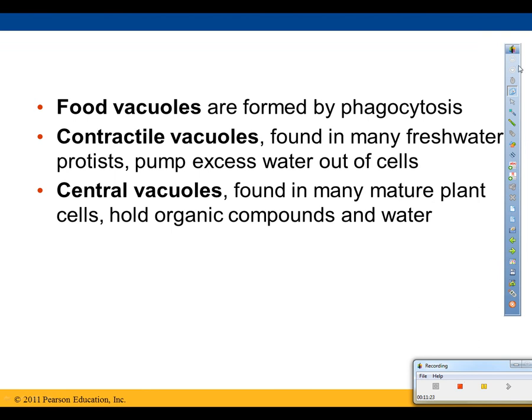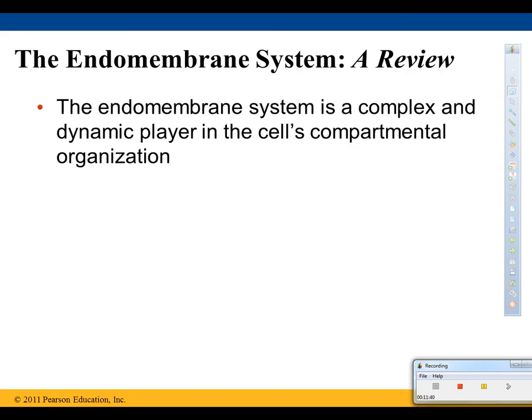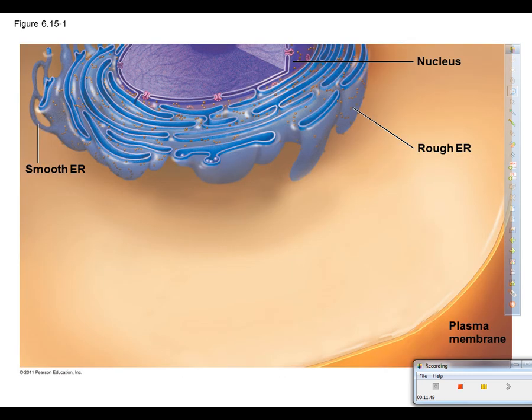And central vacuoles are found in mature plants, too. So we can have different types of vacuoles. There's the central vacuole of a plant cell. It has a lot of food storage. And that was all of the endomembrane system. Again, a complex and dynamic player in the internal part of the cell.